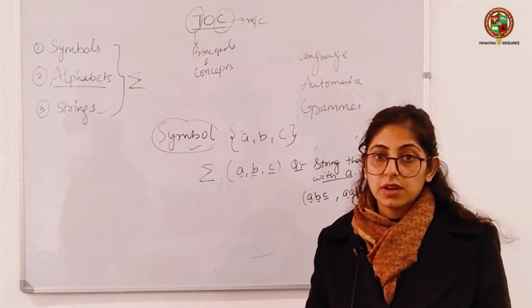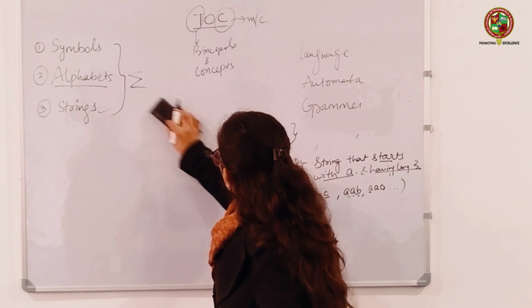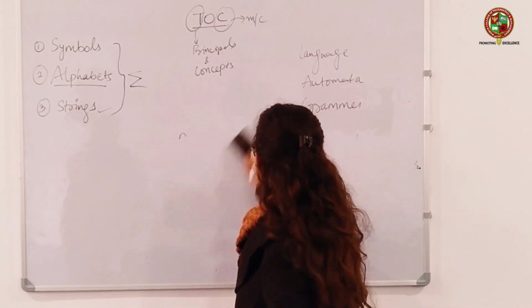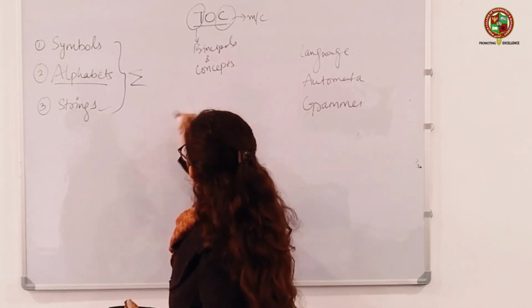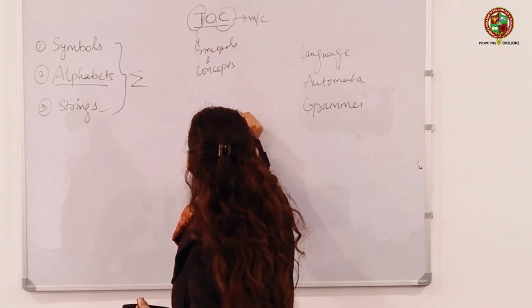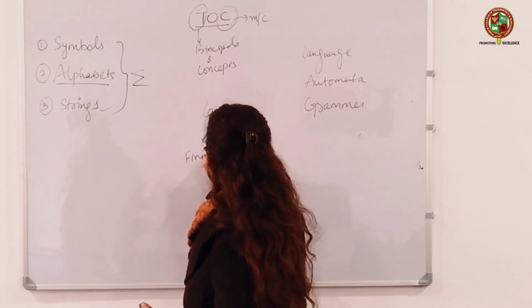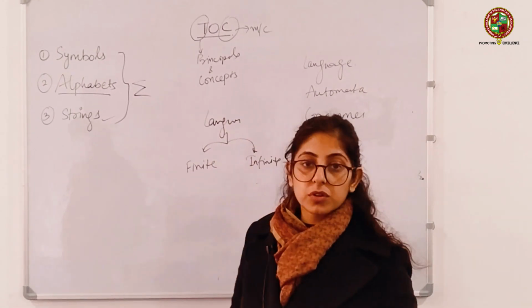And like this we can form a finite set of strings. Basically our language is divided into two different types: your language can have a finite or an infinite number of strings.